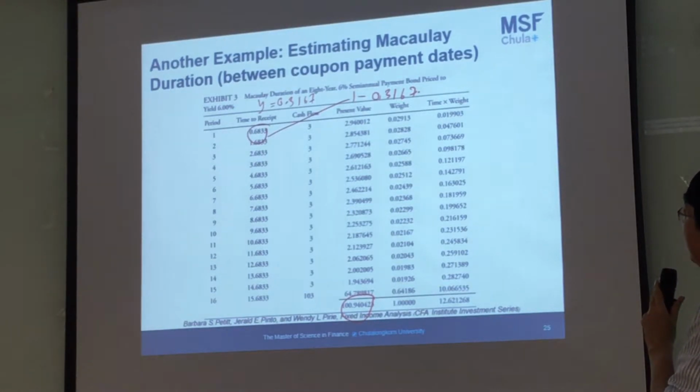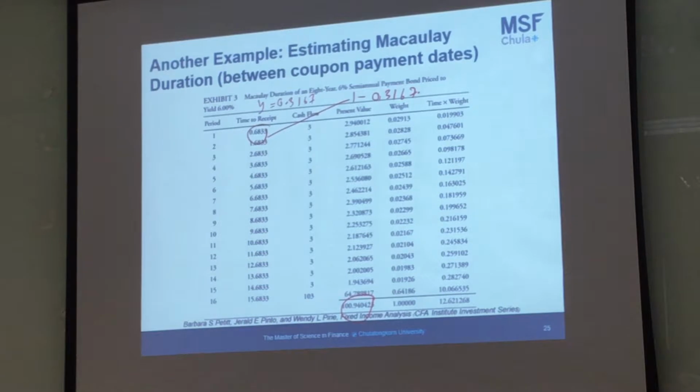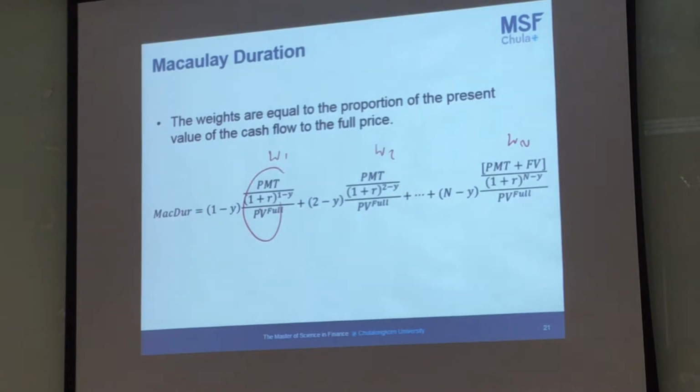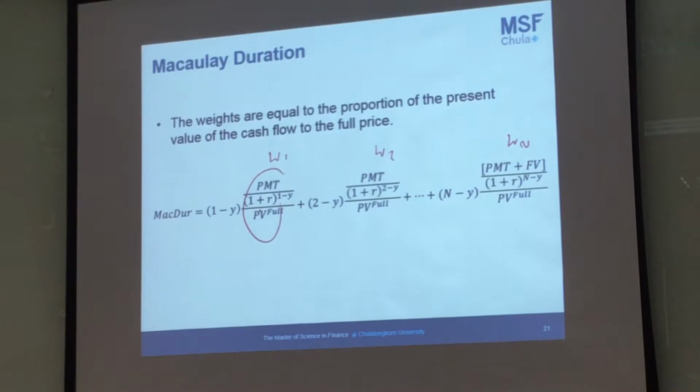And then the present value: you discount the $3 by 1 plus the discount rate to the power of 1 minus Y, or time to receive. Just follow this formula. So you can estimate PMT discounted by 1 plus R to the power of 1 minus Y, and so on.